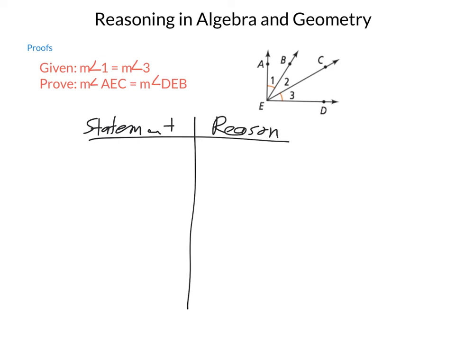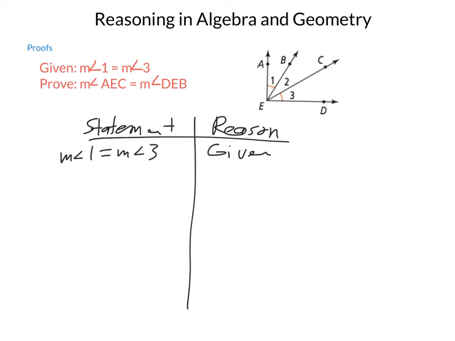And sorry for the roughness of the handwriting. Misplaced my writing tool. So when I do a proof, I always try and start with the given information. So up here we have given measure of angle 1 equals measure of angle 3. And my reason is simply that it was given.